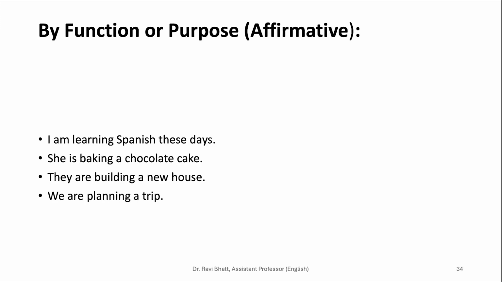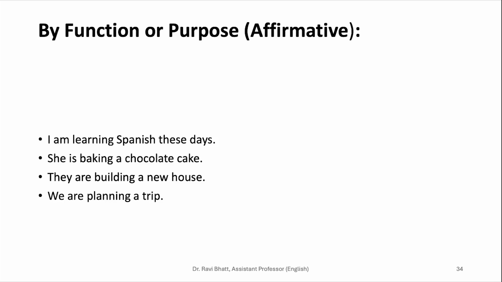Moving on, the remaining two categorizations, affirmative and negative. There are four affirmative sentences, all in continuous tense. In all these sentences, you must observe one thing: an action is going on right now. They all signify an action that is going on presently. For example, I'm learning Spanish these days, or she's baking a chocolate cake.